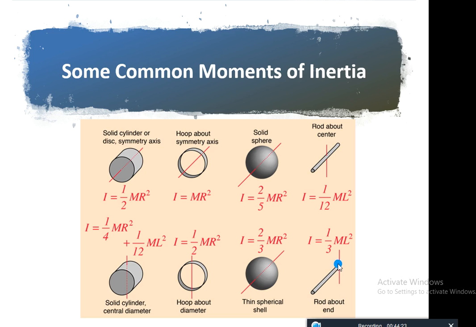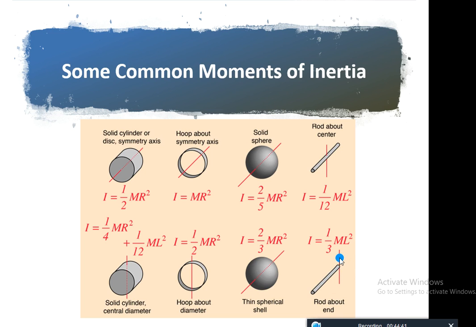So for that case we take the inertia of the rod element as I equal to 1 by 3 ml square. This is the inertia of the rod at the end point.